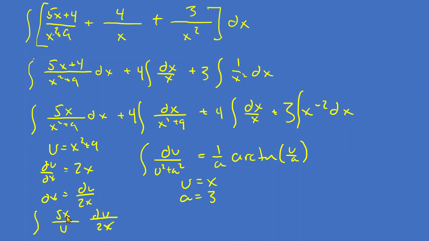So the x's cancel out. We're going to be left with 5/2 times the integral of du over u, right? Which then will become 5/2 times the log of u.